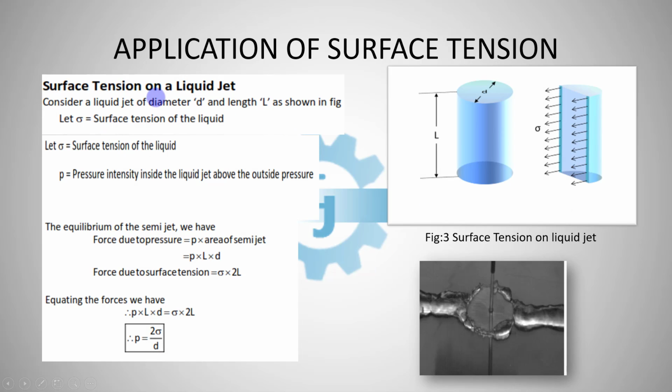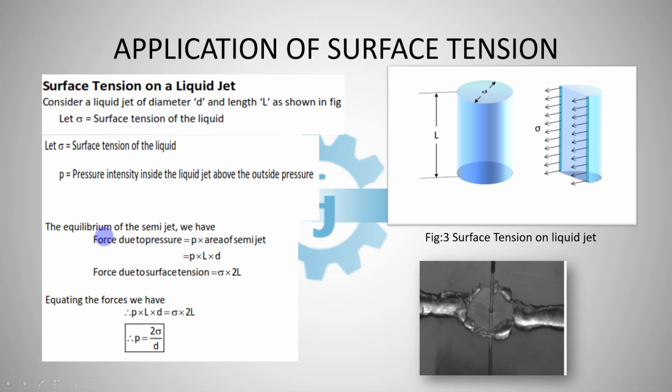Next, surface tension on a liquid jet. Suppose this is a liquid jet and the diameter of the jet is d and length is L. How does the surface tension act here? This is in this direction. This is sigma, the surface tension. P is the pressure intensity inside the liquid above the outside pressure.